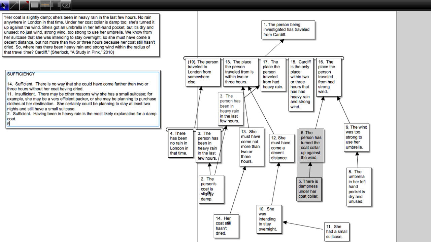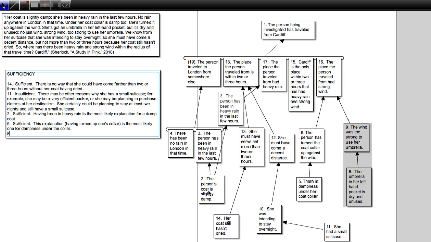Let's go over to 5. There's dampness under her collar, therefore the person has turned the collar up against the wind. And I would say, yes, this explanation, having turned up one's collar, is the most likely one for dampness under the collar.